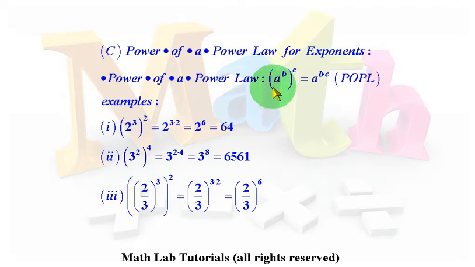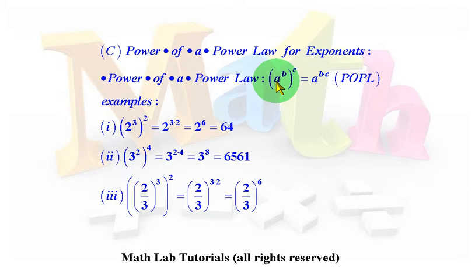Let's try to interpret this. Inside the brackets, b is the frequency for a, so inside the brackets we really have b a's, and then that group of b a's inside the brackets is replicated c times. So the totality of a's becomes a to the power b dot c.